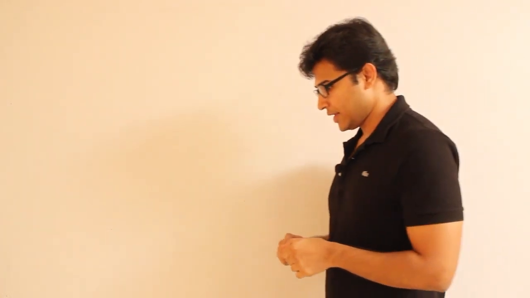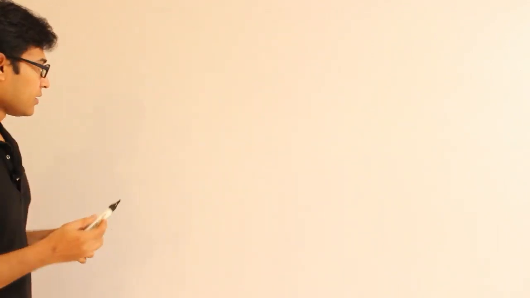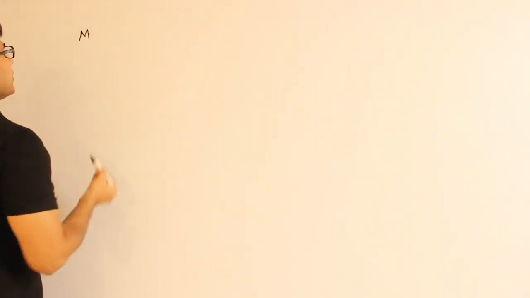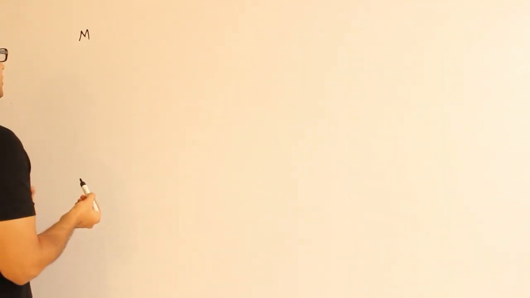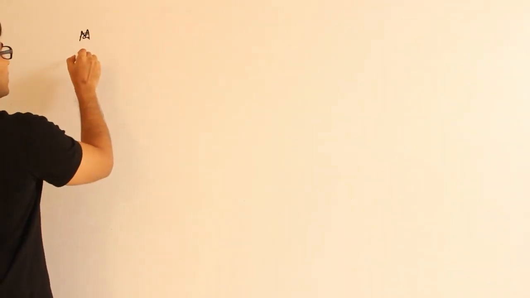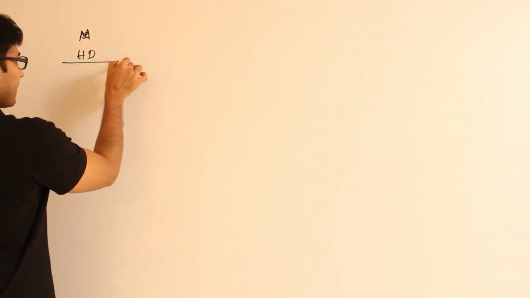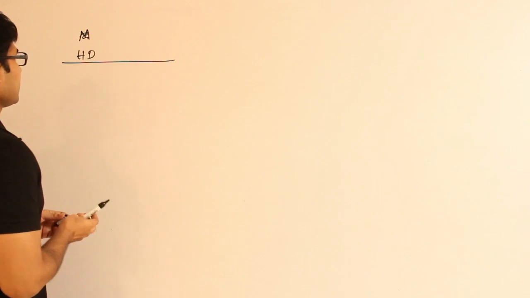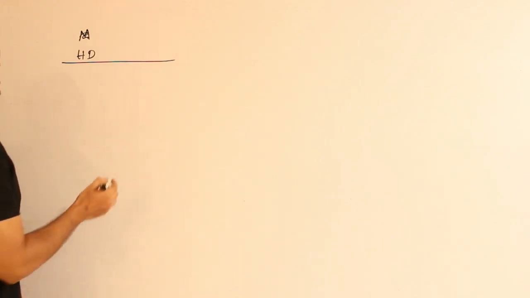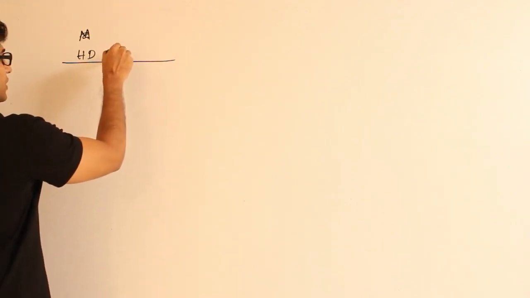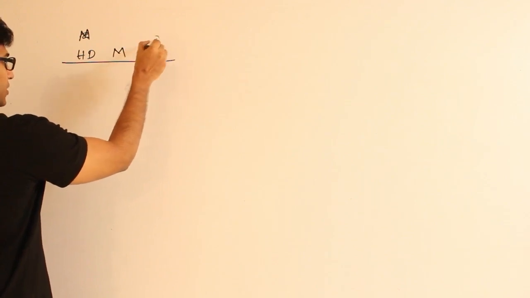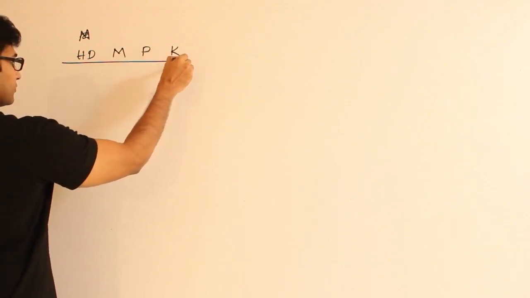Let us assume that we have various IO devices. Assume that we have a hard disk, and along with that we have a mouse, a printer, and a keyboard.